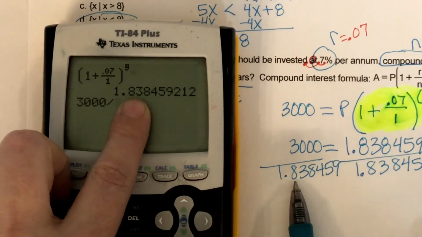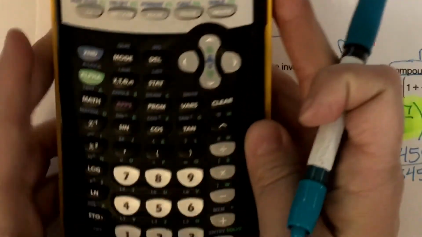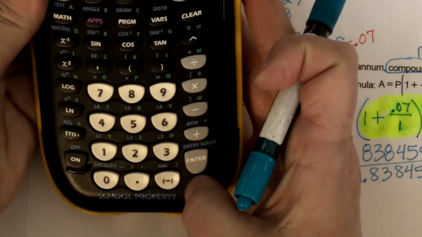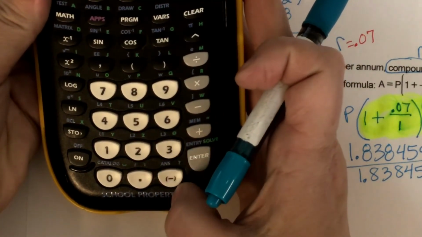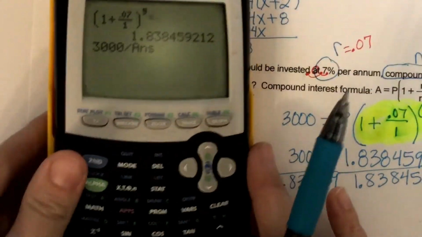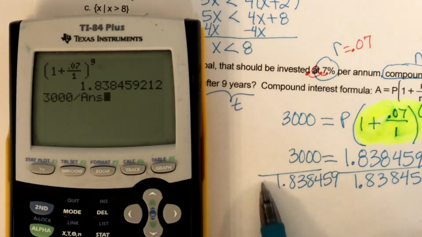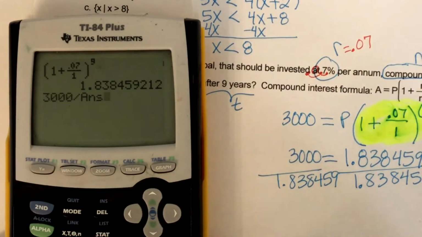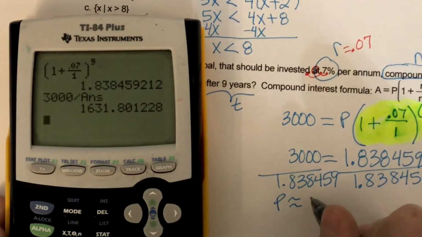So instead of having to round it, I can just keep it the way it is. So to pop up this answer, I go second and the negative, because there's A and S above it in blue. So it's 3,000 divided by this answer I got up here. And so I don't have to type all that. And this is how much principal we have to invest.